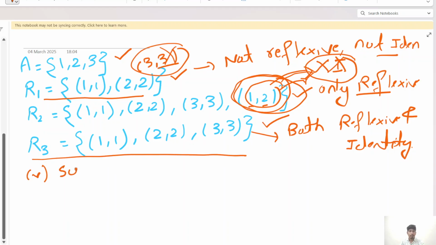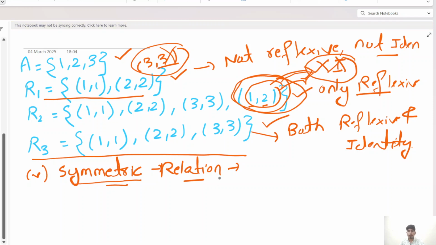So what is our fifth type? Fifth is symmetric relation. What is symmetric? Let A be a non-empty set.